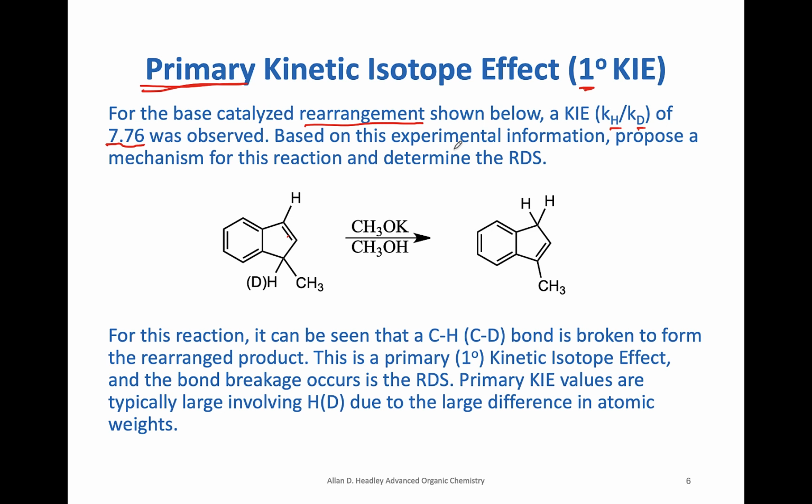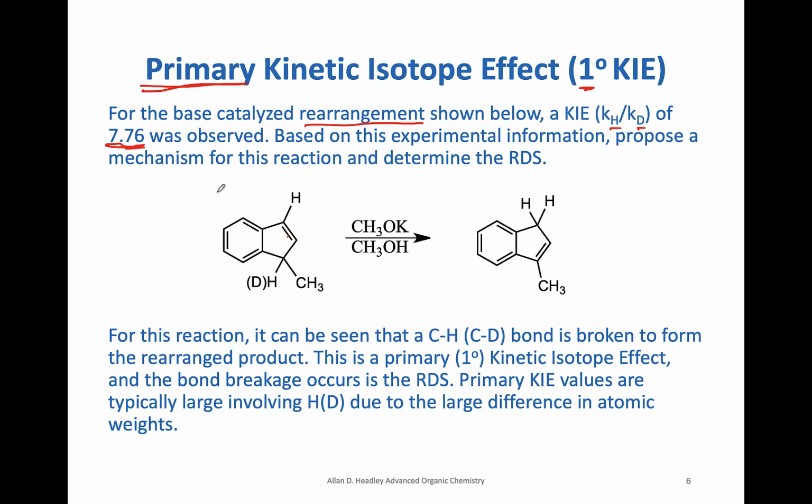So this is a primary isotope effect where there is a CH or a CD bond breakage. To be more general, it's just a bond breakage, because we will see later on it's possible to have a carbon-carbon bond breakage. Anyhow, for this reaction, the kinetic isotope effect is 7.76.